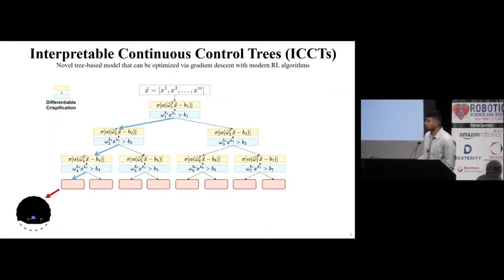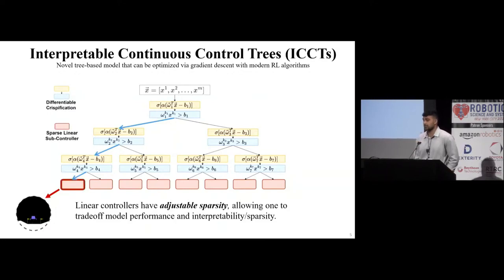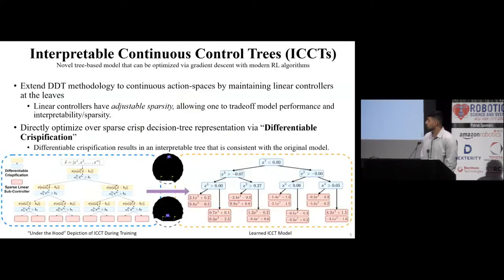As the output of nodes are now Boolean, we can trace along a single branch until arrival at a leaf node, which produces a continuous output, in this case, a throttle value for a lunar lander engine. We extend DDTs to continuous action spaces by maintaining linear controllers at the leaves with variable sparsity, going from a simple tree with scalar leaves to a multivariate linear controller. As such, we're able to learn interpretable models that are compatible with models trained via reinforcement learning.